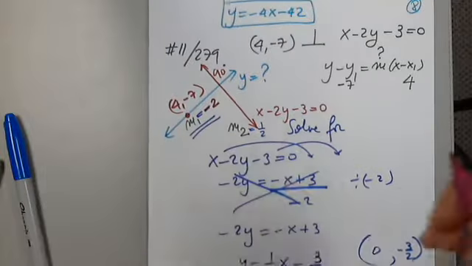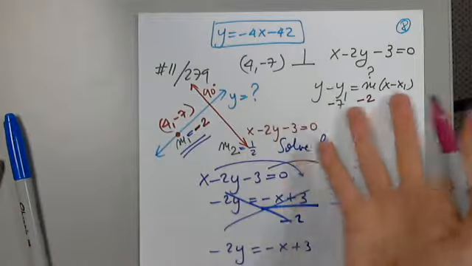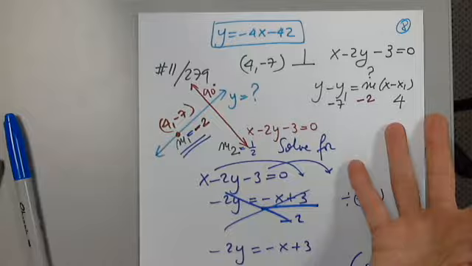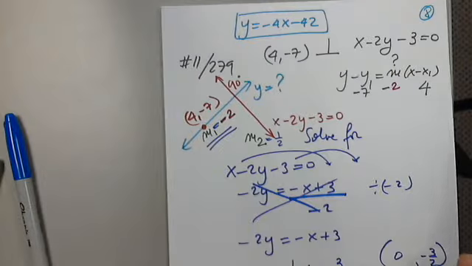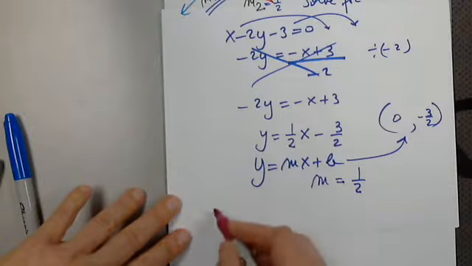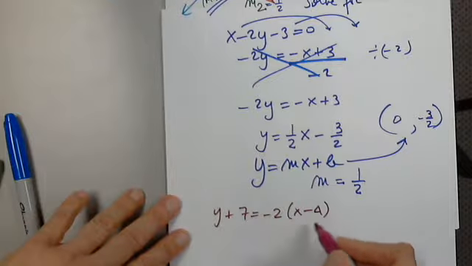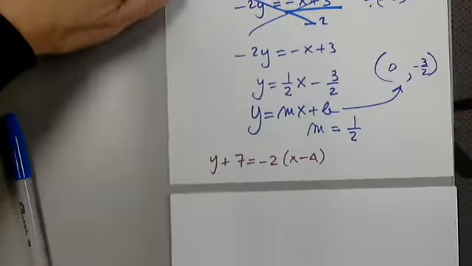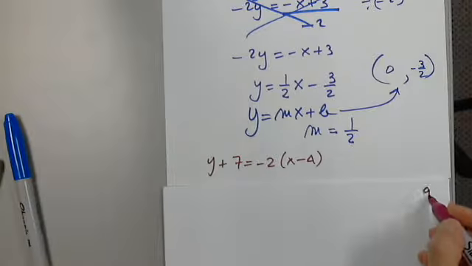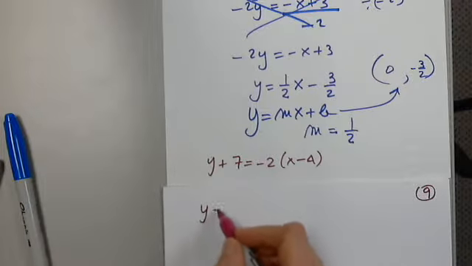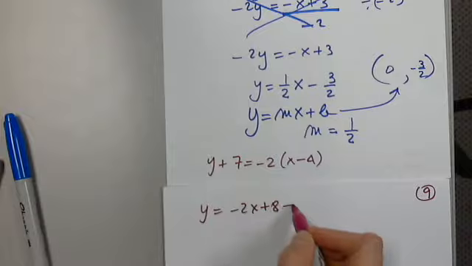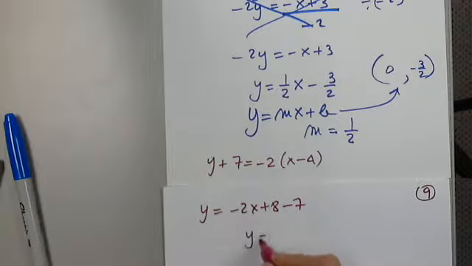Agreed? So then I put in negative 2, and now the problem is almost solved. So I will write it one more time as y plus 7 equals negative 2 times x minus 4. So y equals negative 2x plus 8 and minus 7, or y equals negative 2x plus 1.